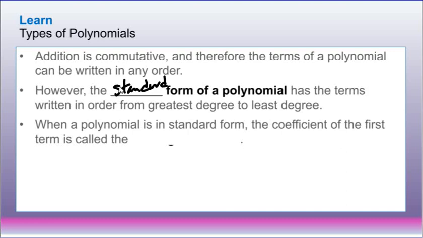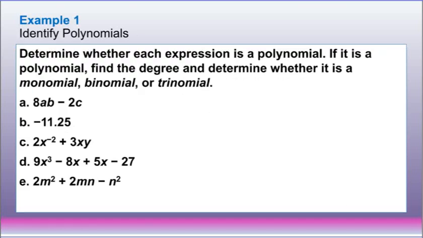That is important because when you have the polynomial written in standard form, then you can find the leading coefficient. The leading coefficient of a polynomial is the coefficient of the first term of the whole polynomial. But in order to do that, it has to be in standard form.